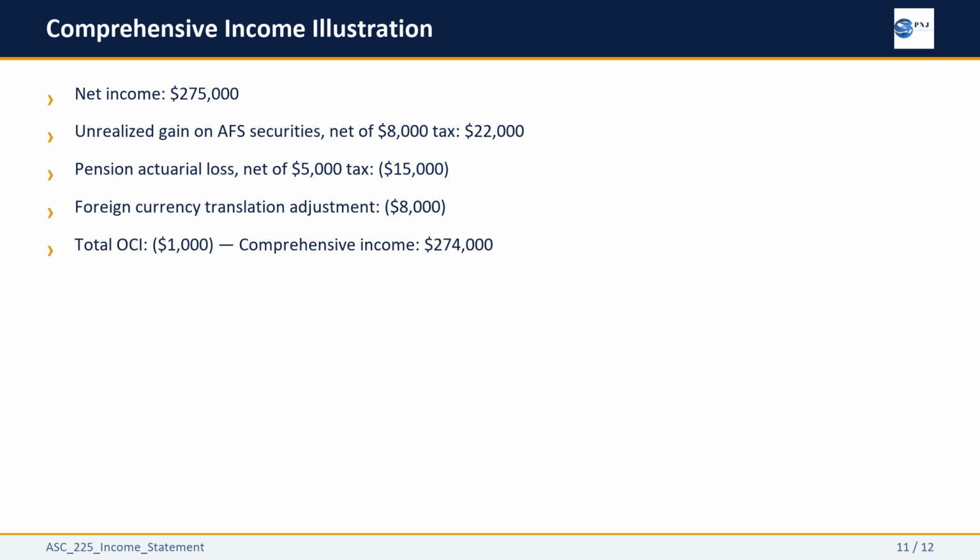Adding those three together gives total OCI of negative $1,000. Comprehensive income is net income plus total OCI. $275,000 minus $1,000 equals $274,000. Notice that while net income looks strong, the OCI items nearly offset it. Exactly the kind of context comprehensive income is designed to provide.